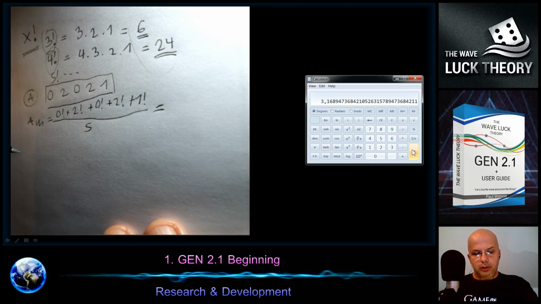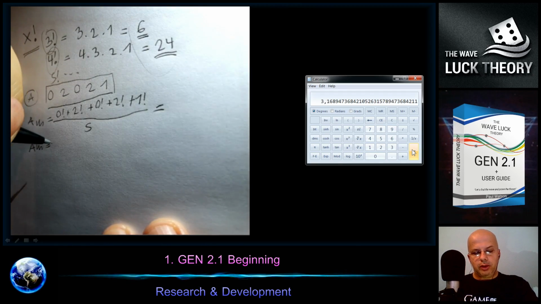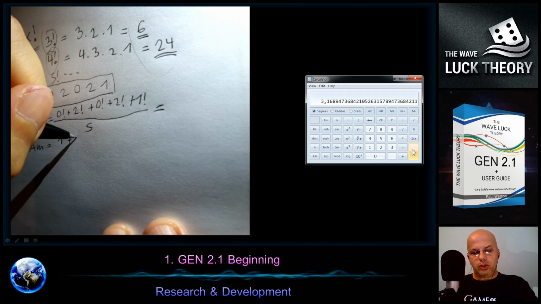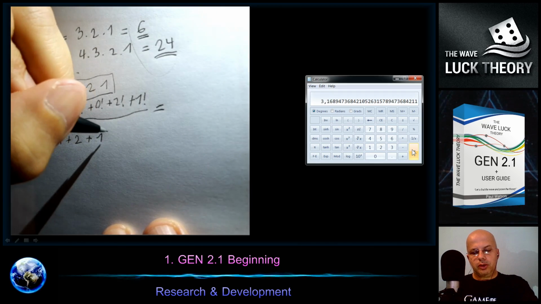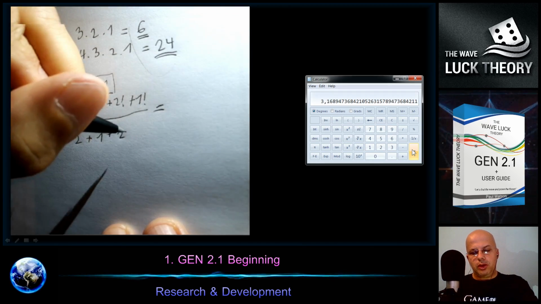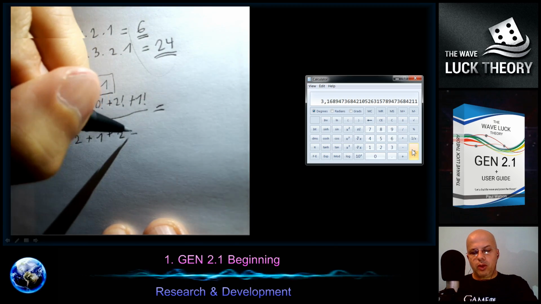And I will write it here. So 0 factorial is 1, plus 2 times 1 is 2, plus again the 0 factorial, plus 2, and 1 factorial is 1 times 1, actually it's 1.